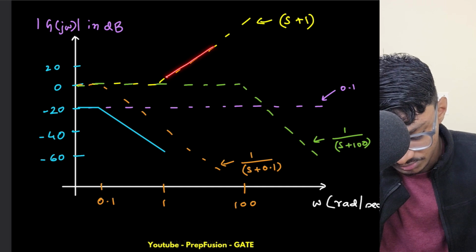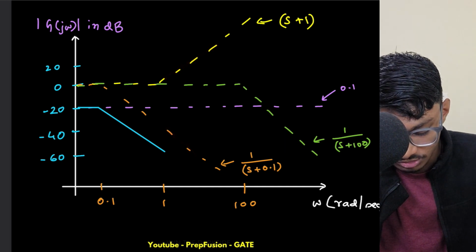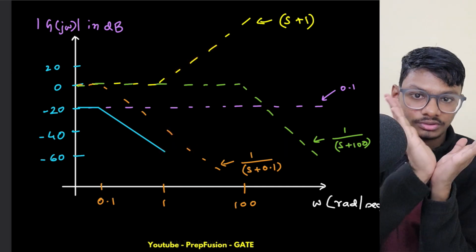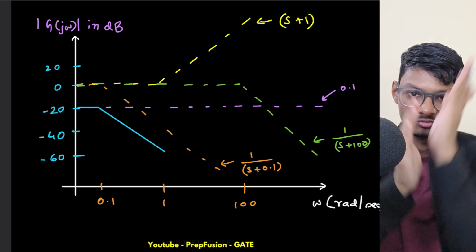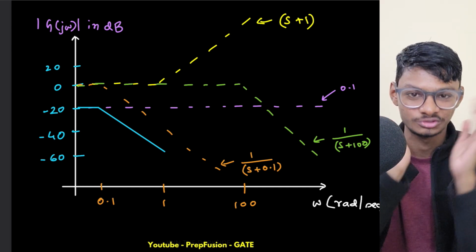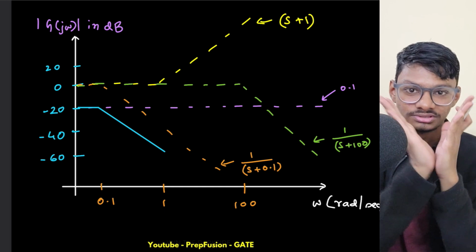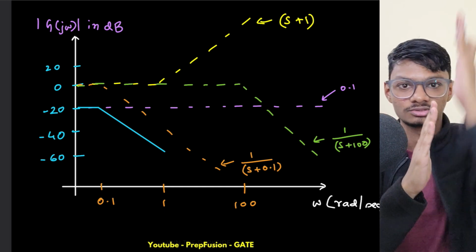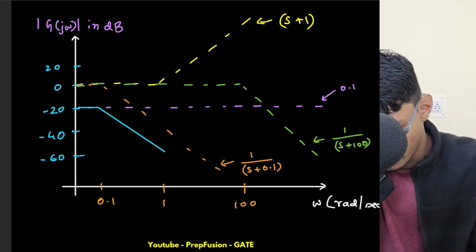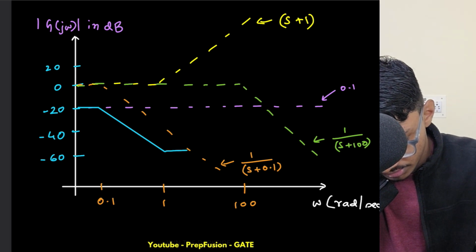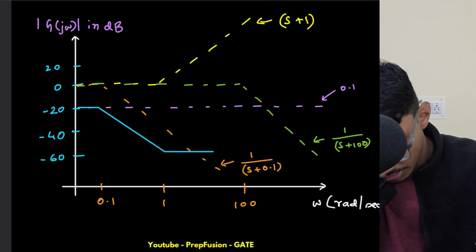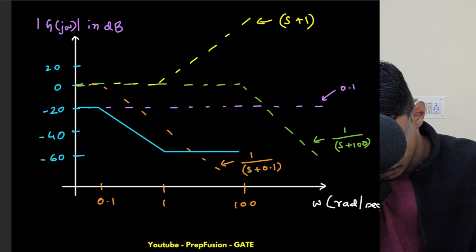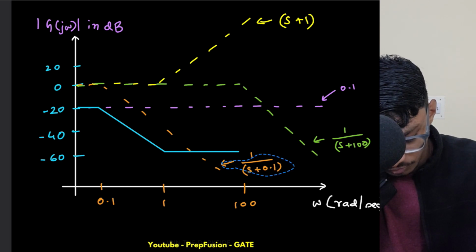So here the slope is plus 20, here the slope is minus 20. So overall the slope will be 0 simply. One thing is going here, the other thing is going there, so overall I go through the middle. We have studied this in physics: if you give force in these 2 directions, the overall component goes in this direction. So this will be something like this, until 100 radian per second, because before that nothing is changing.